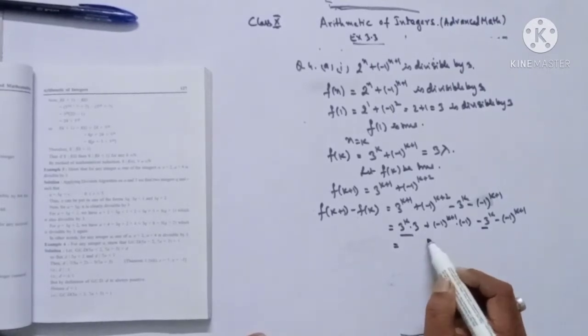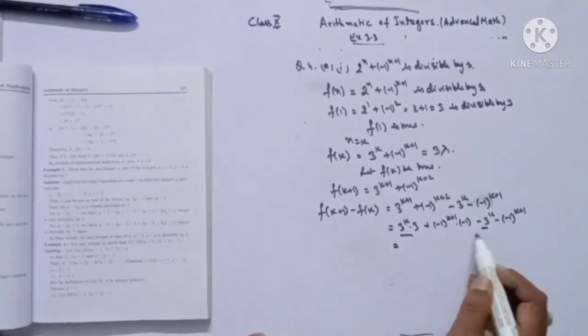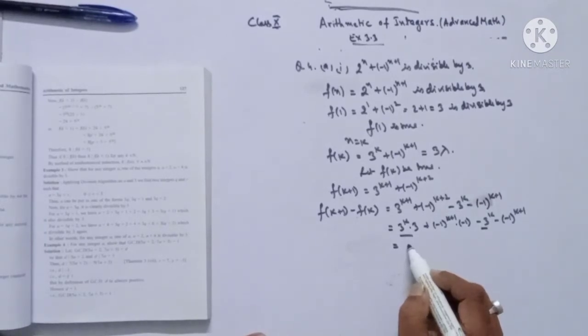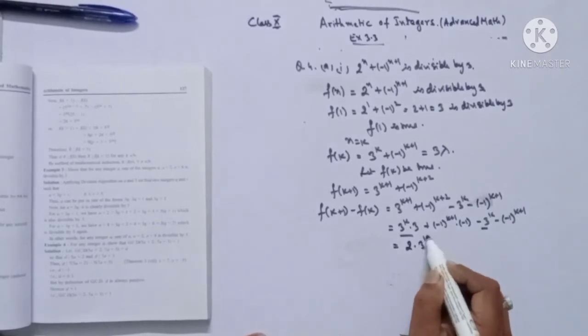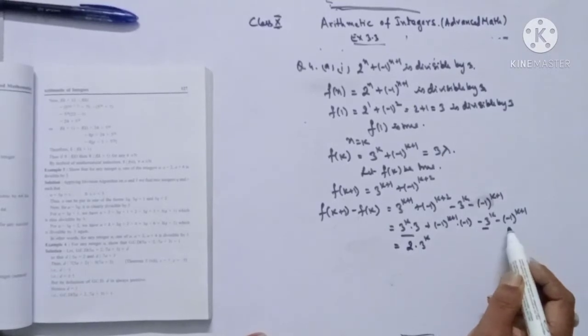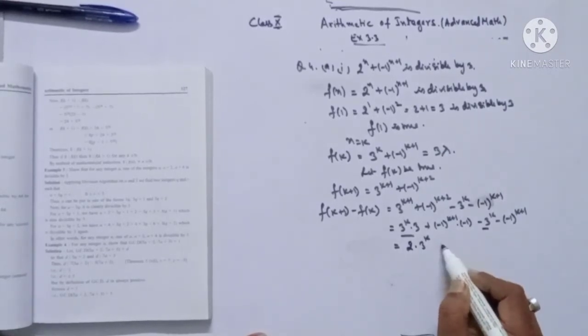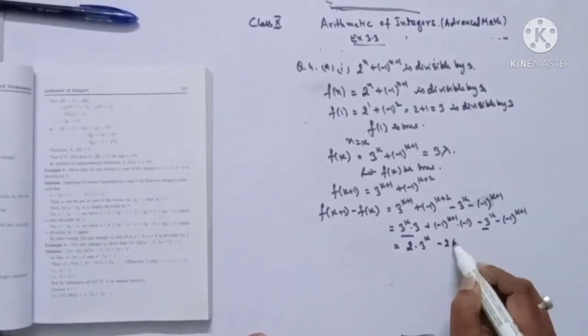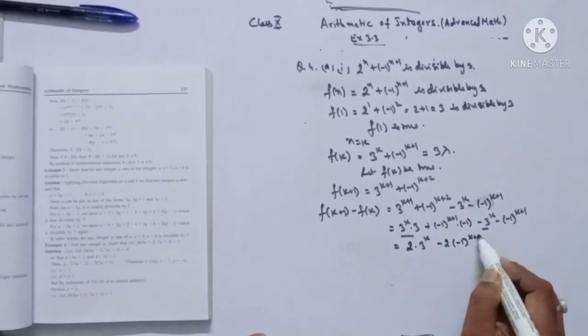So here this becomes 2 to the power of k, and this and this will become minus 2 times minus 1 to the power of k plus 1.